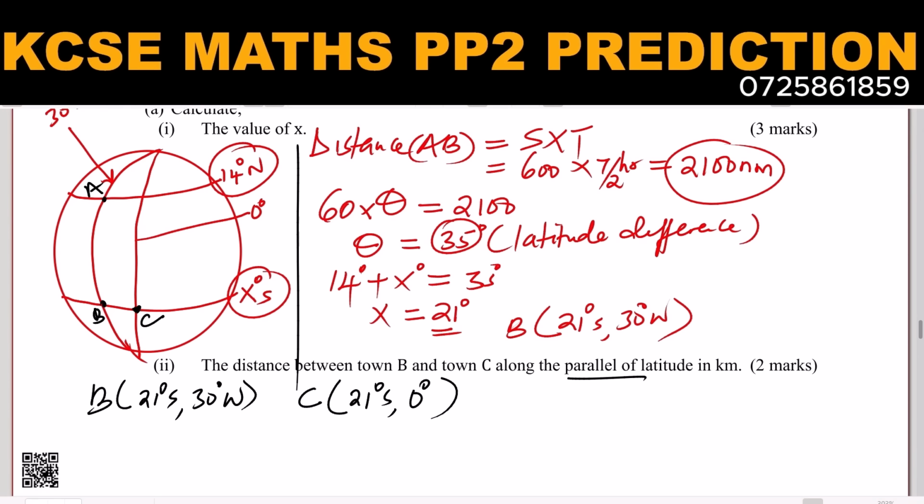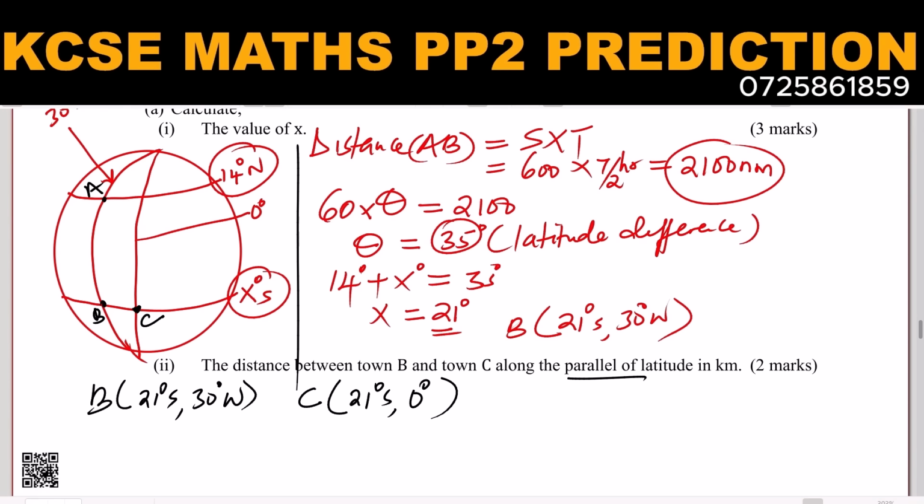D is 180 degrees west, that is on the opposite side. So when C is here, D will be on the other side. So looking at these two places, there's something that you need to find, which will definitely assist you to work out this type of question.